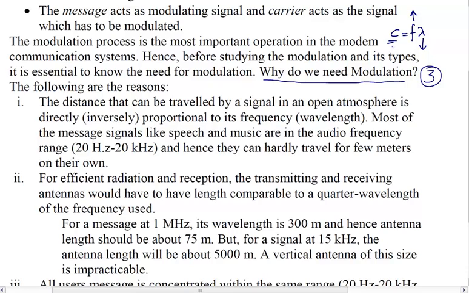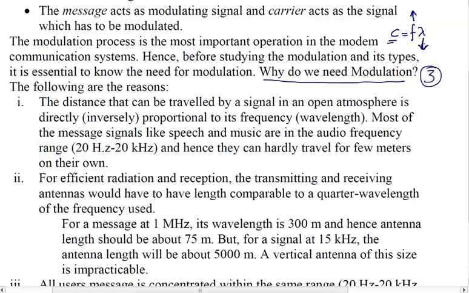In free space, it's the speed of light. In other media, of course, it's less than the speed of light, but anyway, it's constant. In any medium, the speed of the electromagnetic wave is constant. So if you want to increase the frequency, the wavelength will go down, or if you want to increase the wavelength, the frequency will go down. That is the relation.